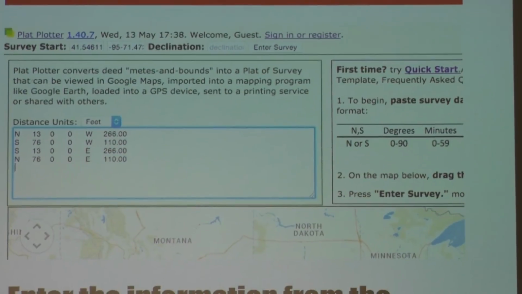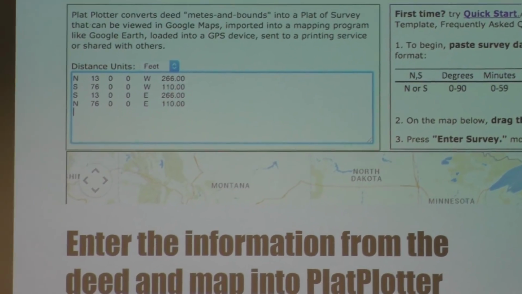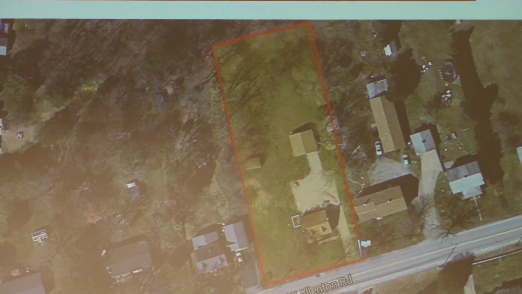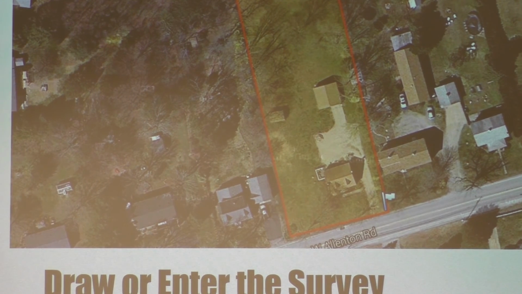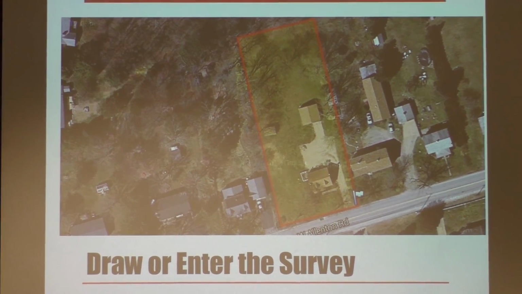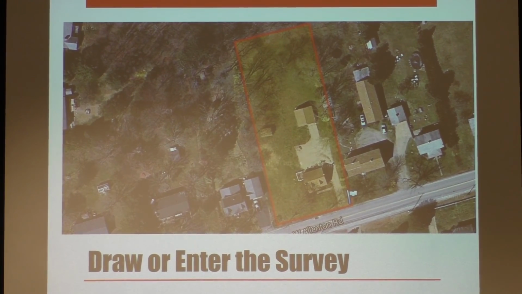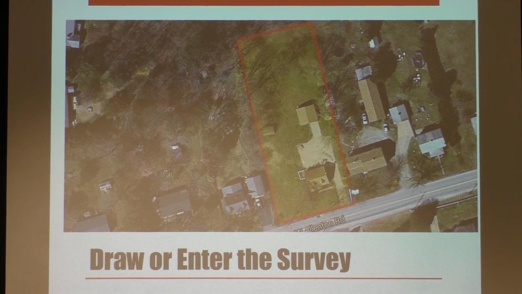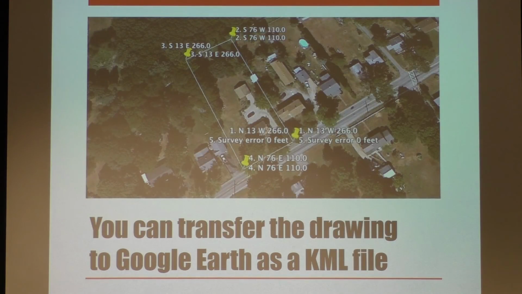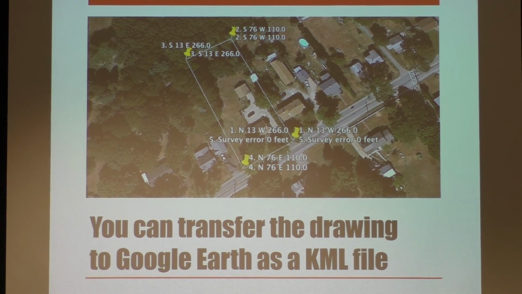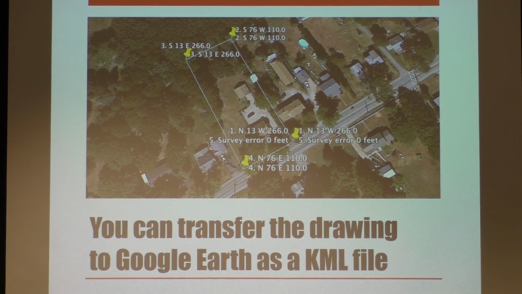Okay, now once we have that information in, we simply enter the survey and the program draws the boundaries on the map. Then if we want to extend that a little further, we can take that Google Maps drawing, we can export what's called a KML file from the program, and it will draw that same boundary with the coordinates at each of the corners onto Google Earth.